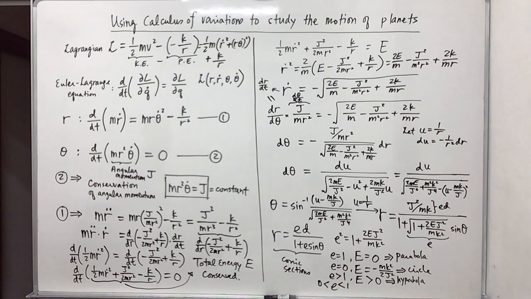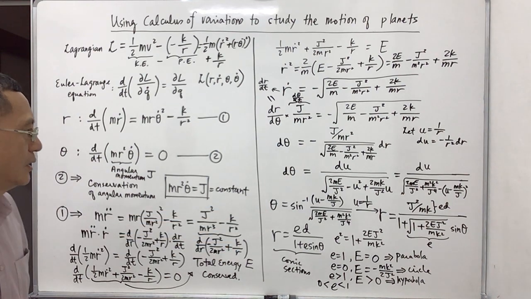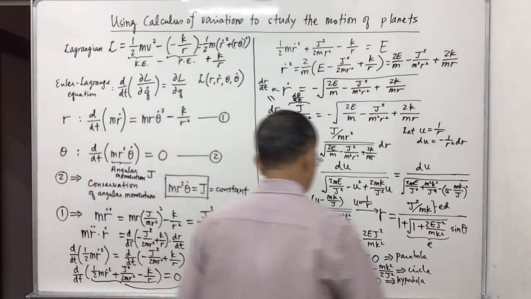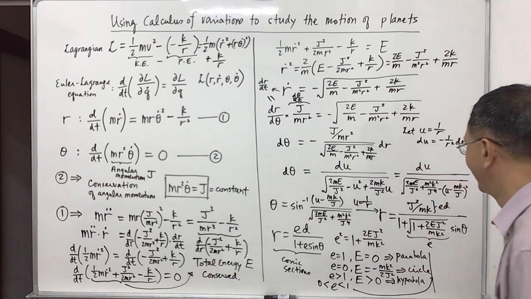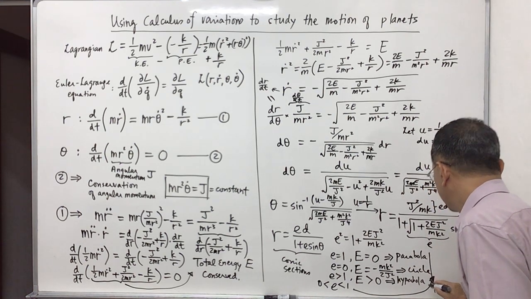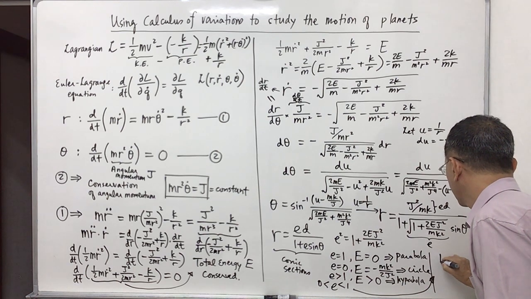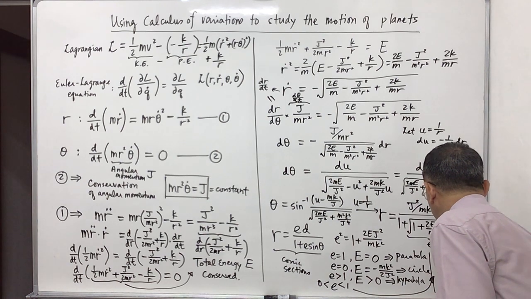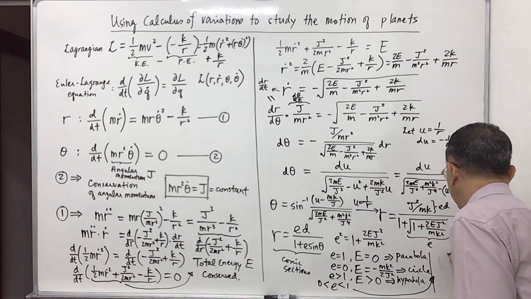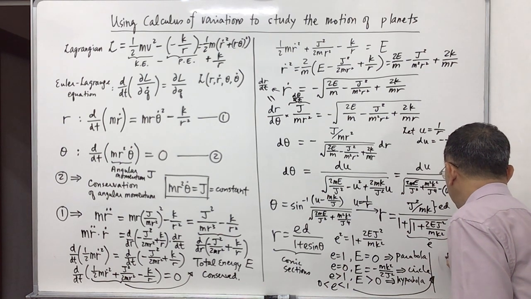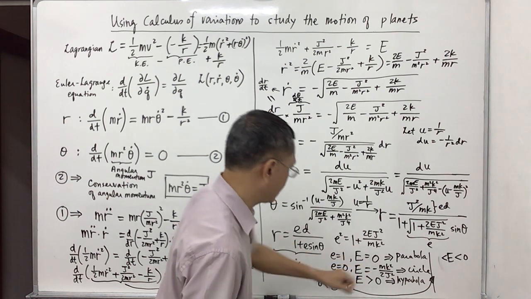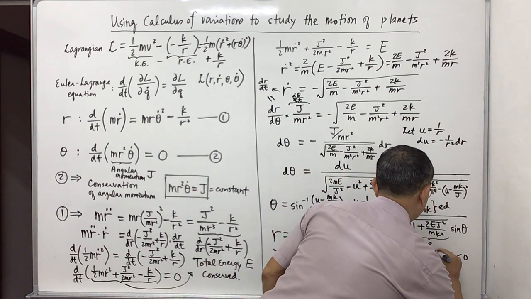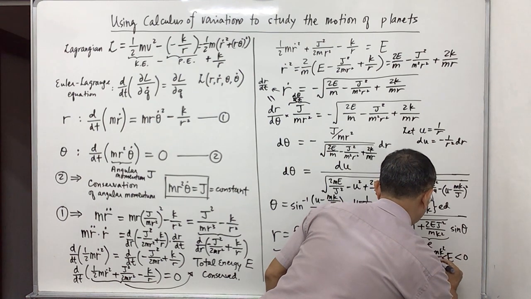So in other words, this total energy here, my E will be a negative number, but it has to be greater than that one corresponding to the circle, negative mk squared over 2J squared. And that will be my ellipse.